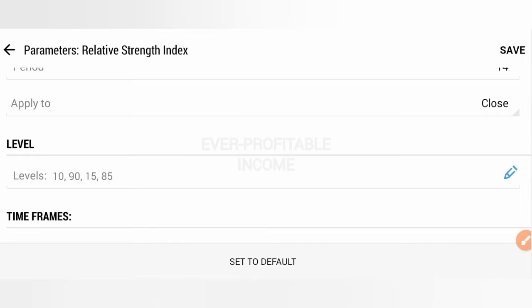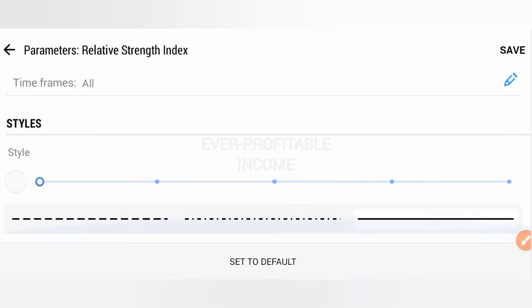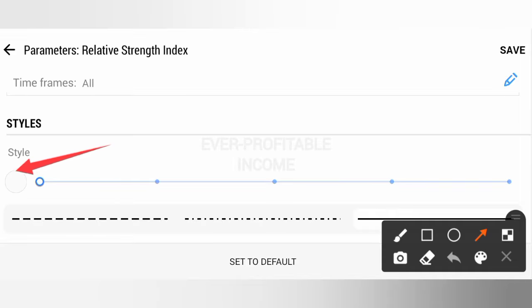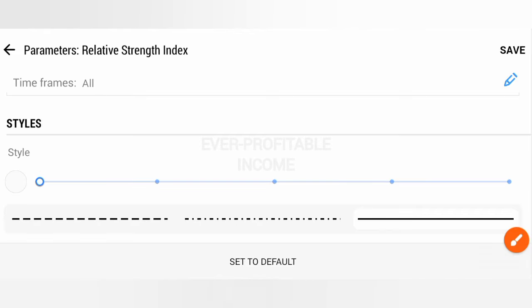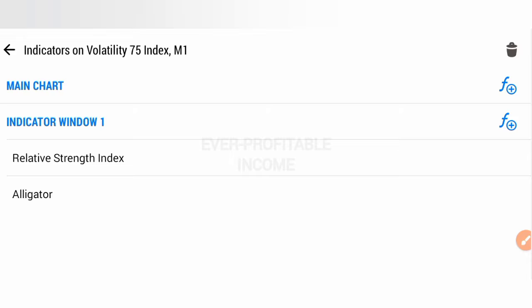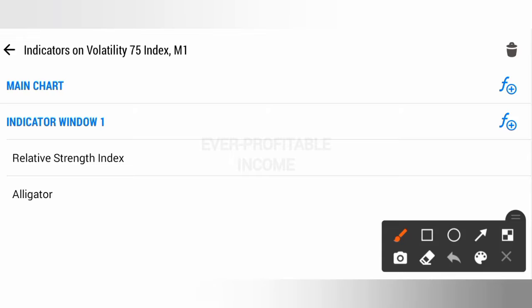Ensure that the style color is set to your background color. If you're using a black background, change the style color to black. I'm using white, that's why I changed mine to white, because we don't need it to be showing. We only need the levels to be present. Then click on save. Okay, so let's check out the other indicator, which is the ALG, the alligator indicator.